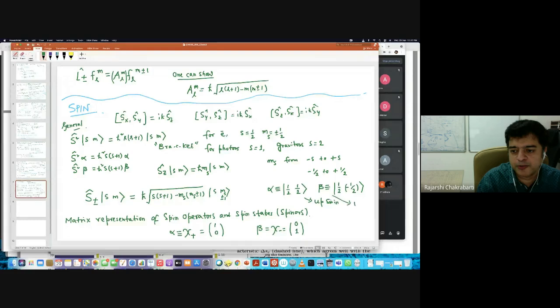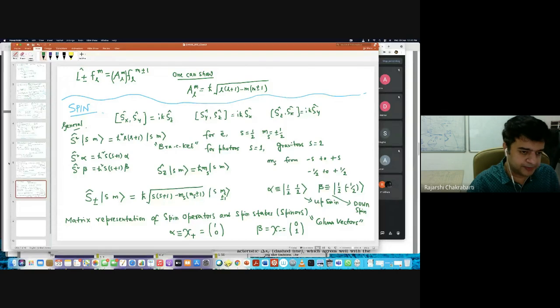This is down spin. So I have three representations: either bra-ket, or the simple alpha beta, or chi plus and chi minus as column vectors. These are column vectors, okay?